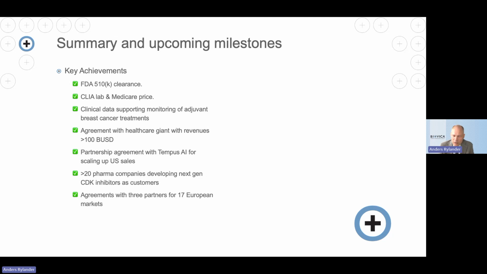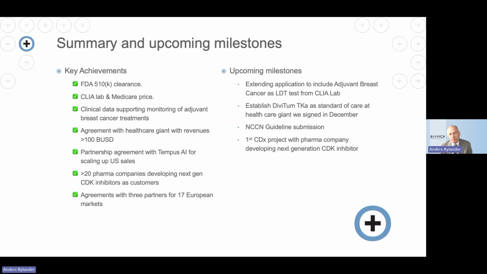I think with the latest additions, the agreements both in the US with Tempus and the large healthcare giant, plus the European agreements and also the development in pharma, we have put ourselves in a position to scale up the initial revenues that we currently have.